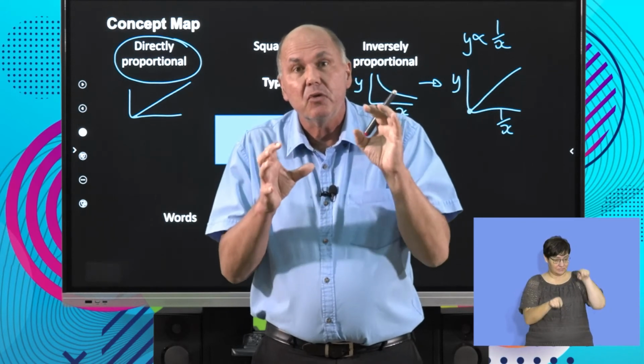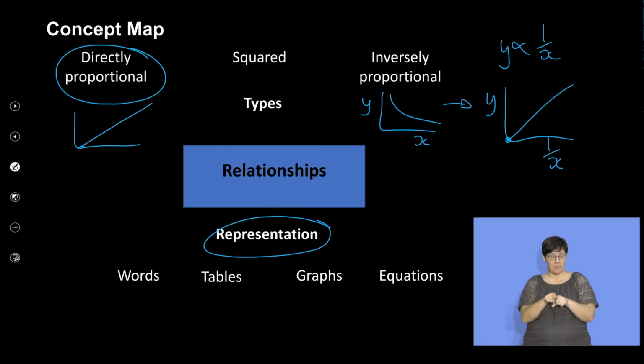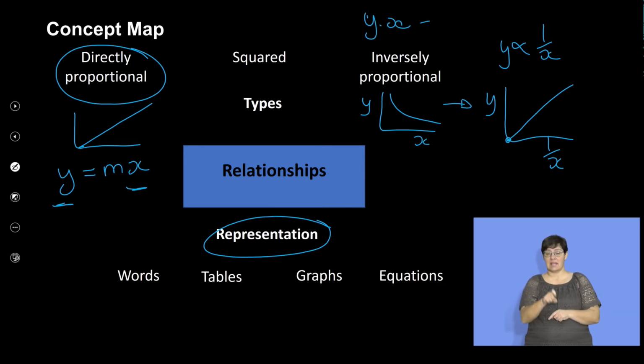If those two things form together in an equation like a directly proportional relationship where you've got y is equal to the gradient m times x, then you know it's directly proportional. When you've got the equations that are y times x is equal to a constant, then that's inversely proportional.